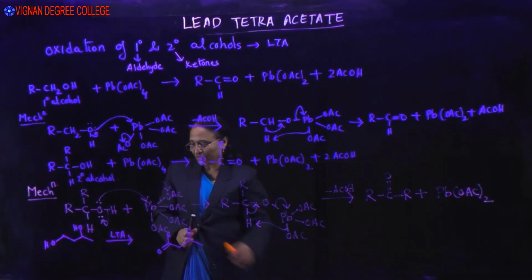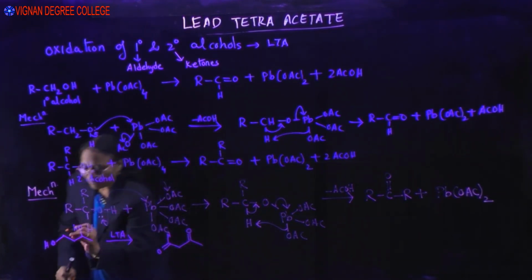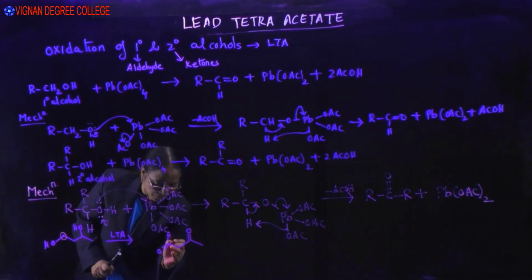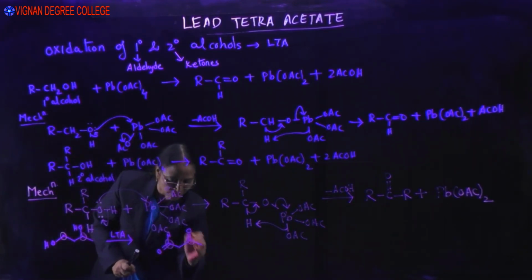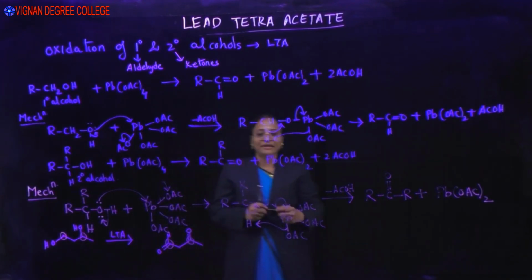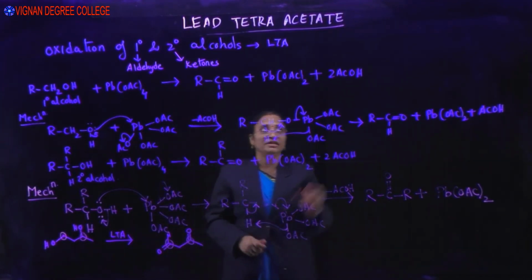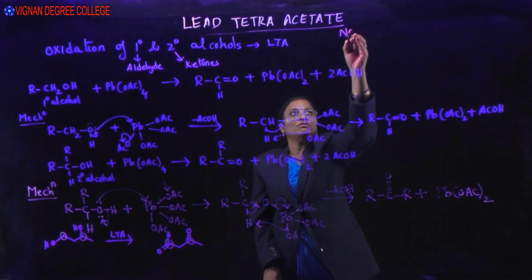So you can see the oxidation of both primary alcohol into an aldehyde group and secondary alcohol into a ketonic group, which means that lead tetraacetate undergoes oxidation with no selectivity.